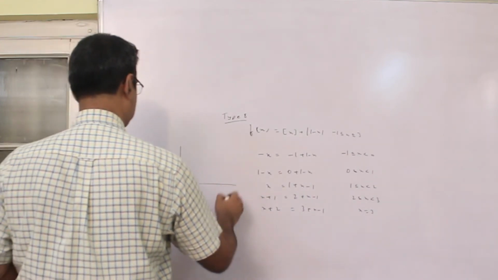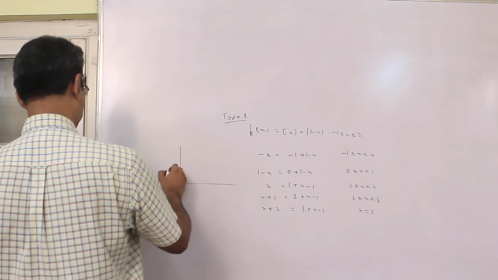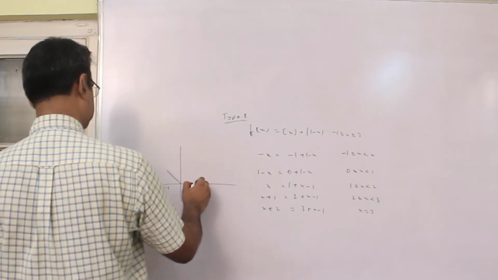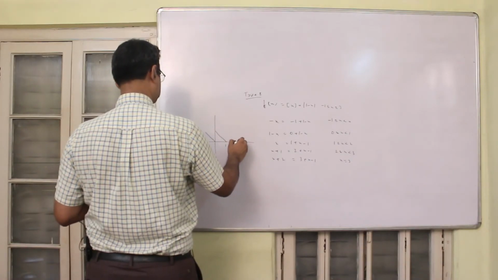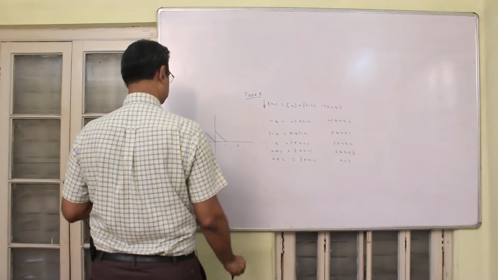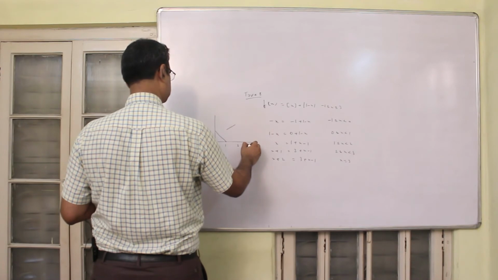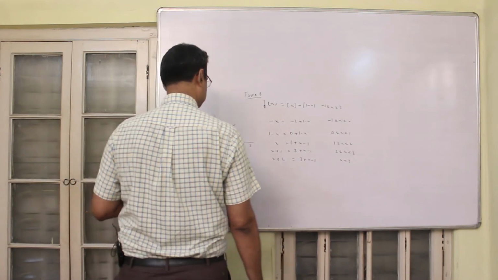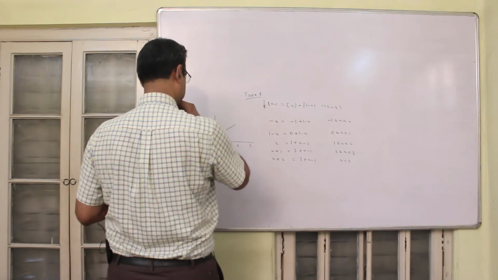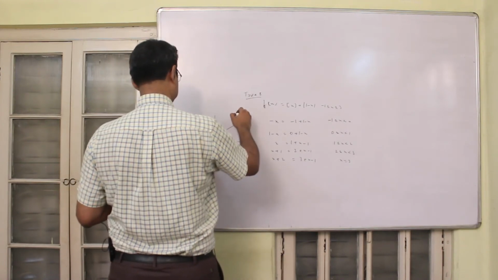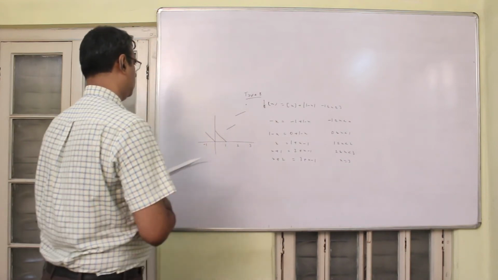So if you try to graph this particular function, then the graph will look like this. So this is how the graph will look.